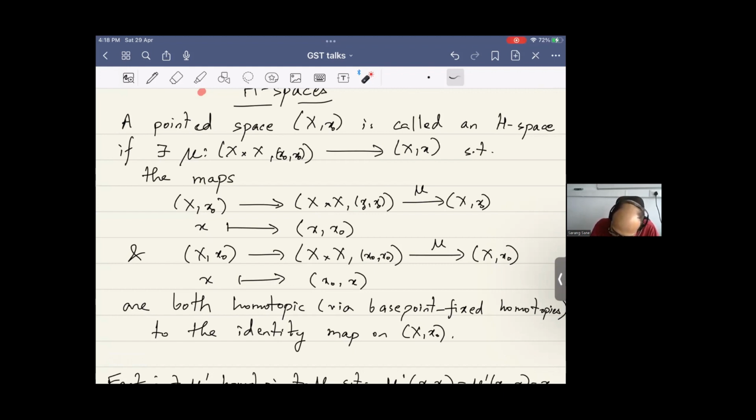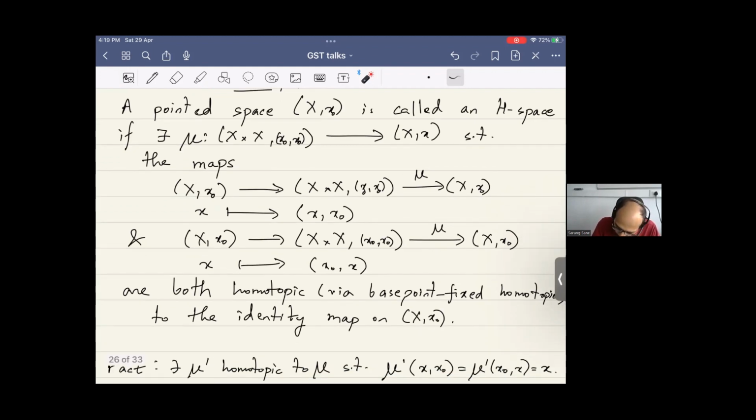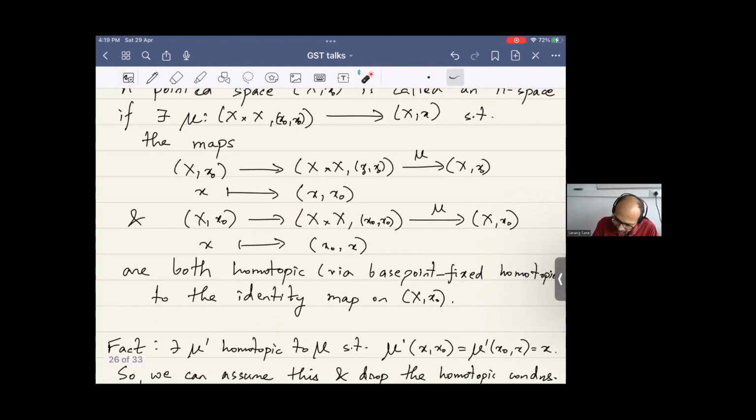This mu is supposed to represent some kind of product on this space, like the tensor when we did symmetric monoidal categories. When you take x going to x comma x naught and then apply mu, or you do it the other way by putting it in the second coordinate, either the first or the second coordinate, then these are both homotopic to the identity map.